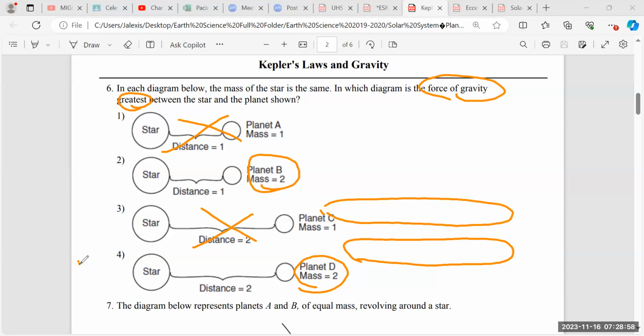Then I also need to choose a scenario where the distance is the closest to each other. And when I see that, I can cross out choice 4 because choice 2 has the greatest scenario where the masses are at their greatest and the distance is closest to each other. That's why the correct answer is choice 2.